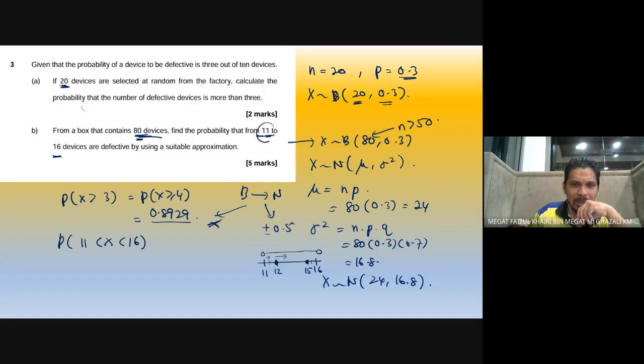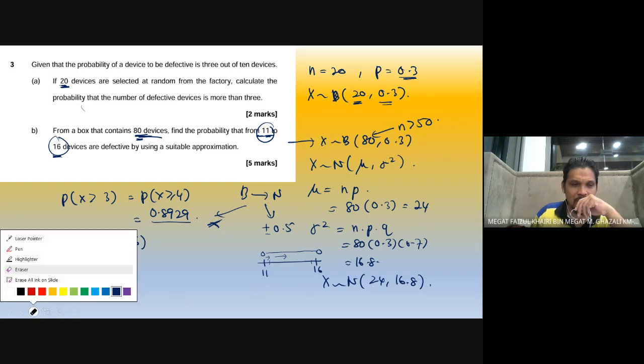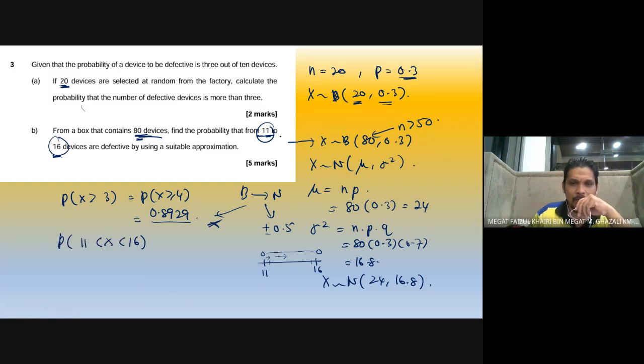Probability from 11 to 16. Sorry, I misinterpreted that sentence. It actually begins from 11 until 16, not greater than or less than. From 11 means that it is equal to 11 and equal to 16.